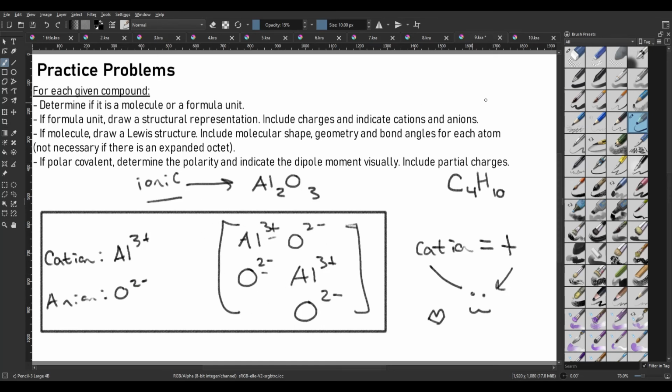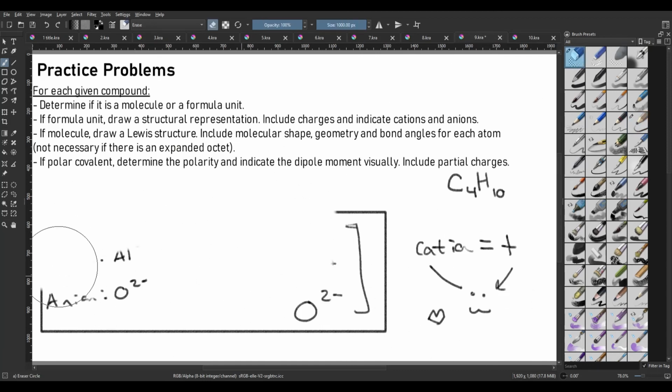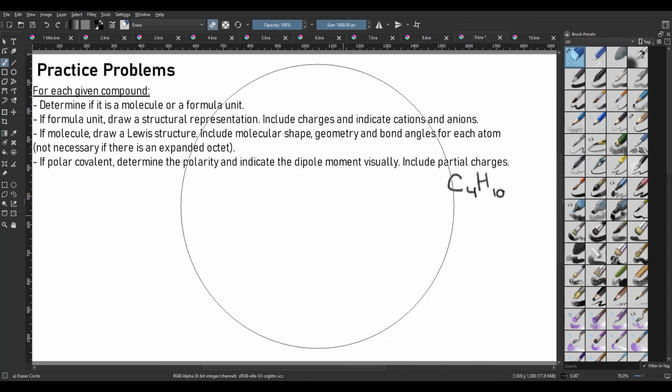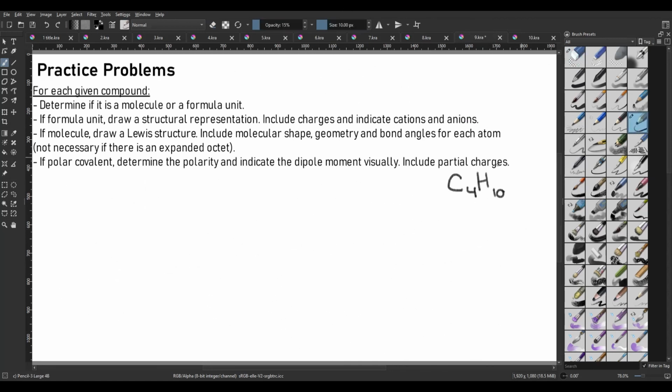So we're going to go ahead and erase this and move on to our third part of the problem here. And the first part, just like the last two times, is it a molecule or a formula unit? So remember carbon and hydrogen. So this is going to be a molecule right off the bat. We should know that by now. Molecule.